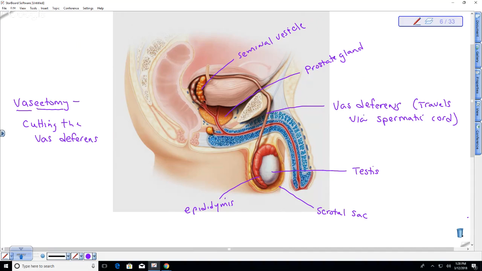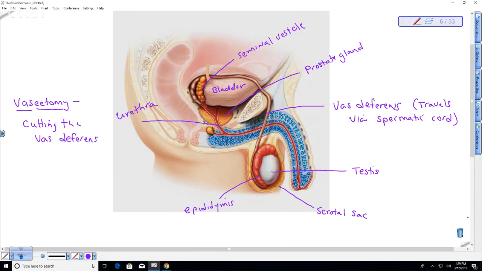Prostate gland, you'll notice, is near a structure called the urethra. So this is my urethra right here. And the urethra drains my bladder. So I'll put the bladder up here. So you'll notice that the urethra has to travel through the prostate gland.